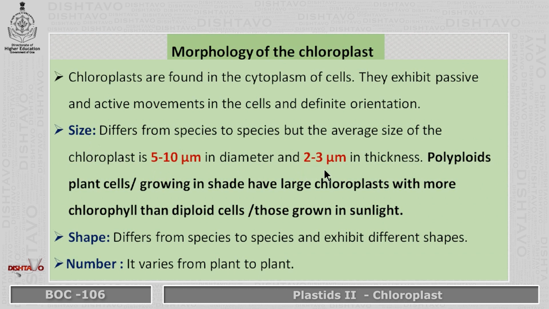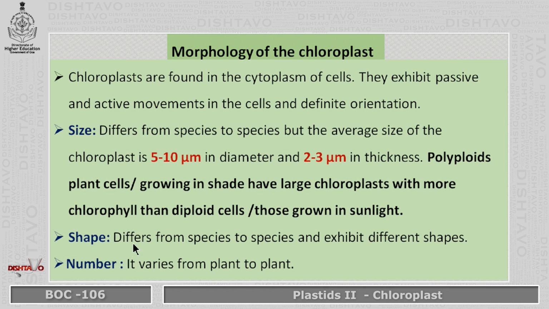If you see minutely, polyploid plant cells and cells growing in shade have larger chloroplasts with more chlorophyll than diploid cells or those that grow in sunlight. The number also differs from plant to plant.